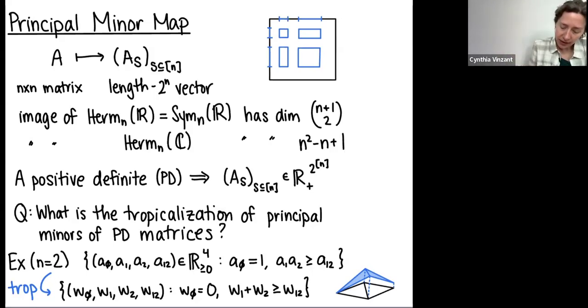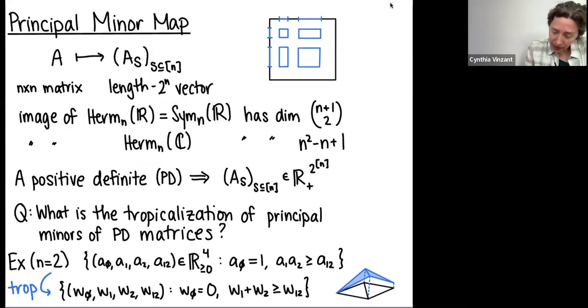The image will be real, because we start with a real symmetric matrix, or a Hermitian matrix, and then take its principal submatrices. All of the principal minors are going to be real. So this image is some semi-algebraic subset of R to the 2 to the n.